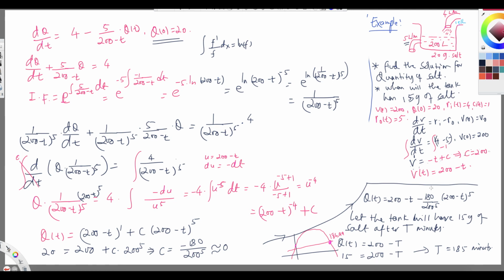Okay, so it was not very easy to solve for t when you plot 15 here. So what I did here is that I ignored this because this was a very small number times a big, finite number, whatever value of t, it will be a finite number, right? So it will be almost 0. That's why I solved it for big t. I got almost 185 minutes. Okay, guys, thank you.